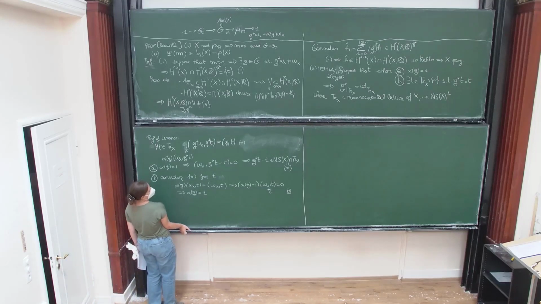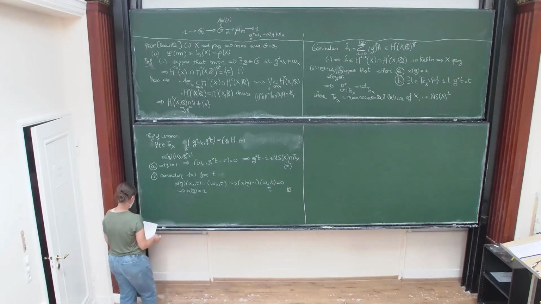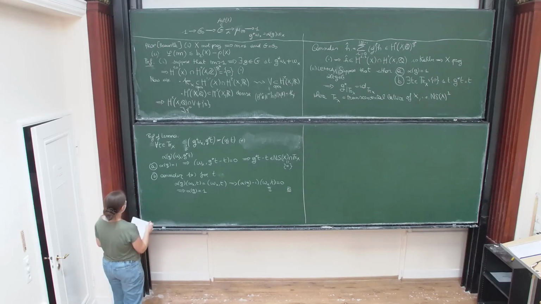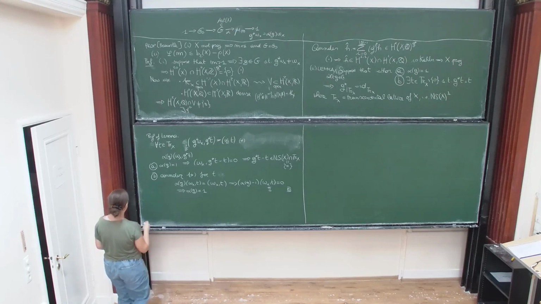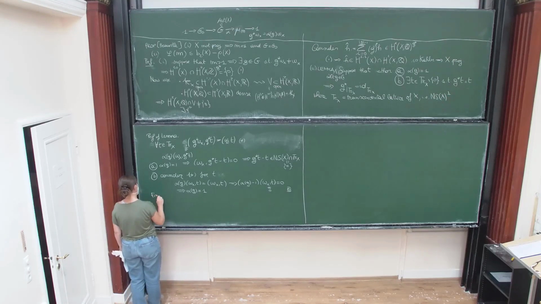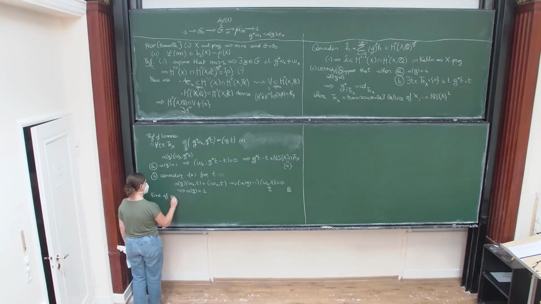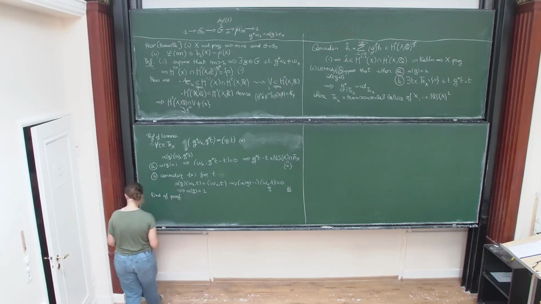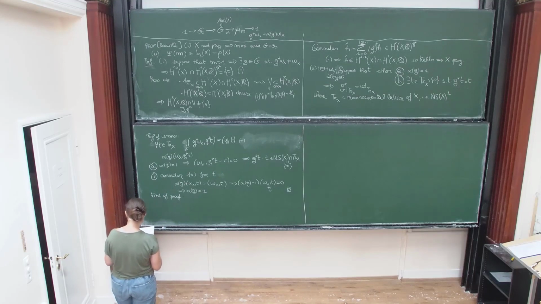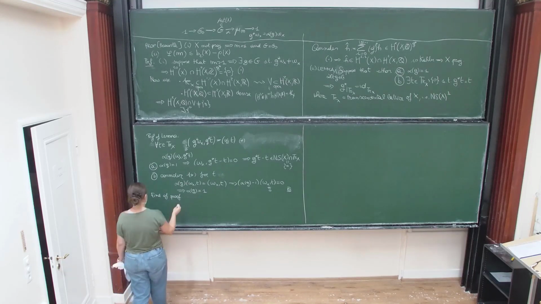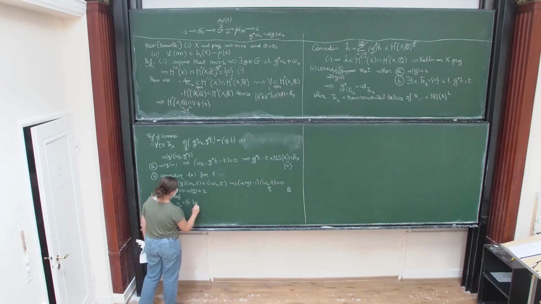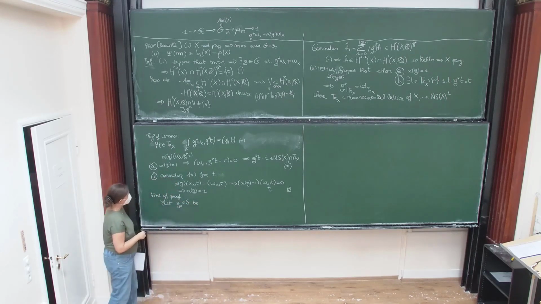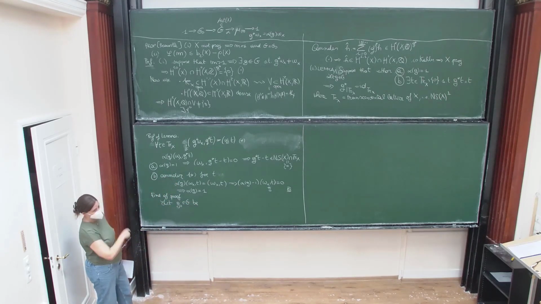And now that we have our lemma, let's finish the proof of the proposition. Let's now take G0, one element which realizes the maximum for alpha.